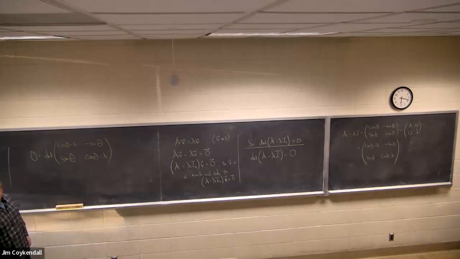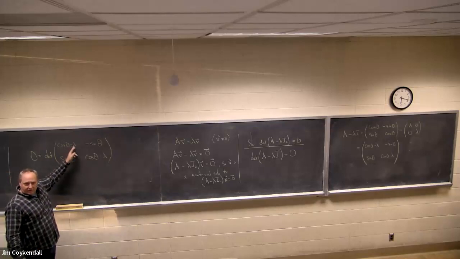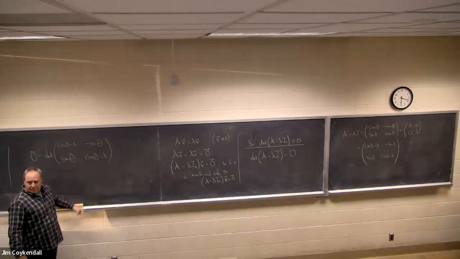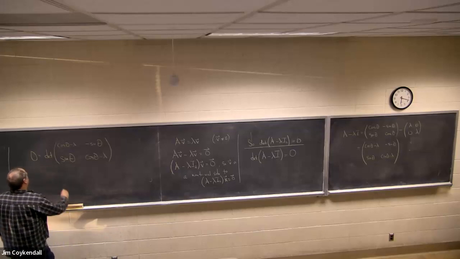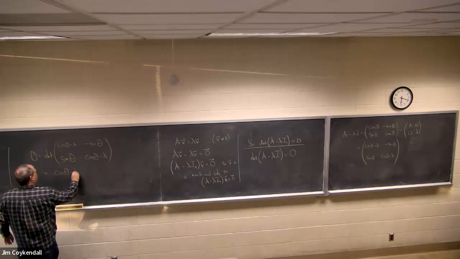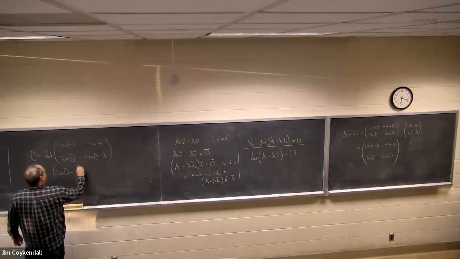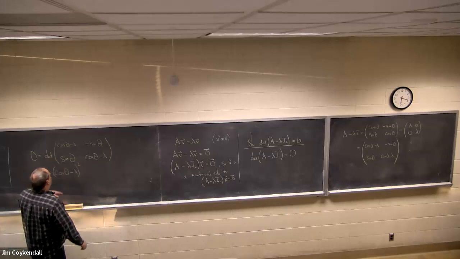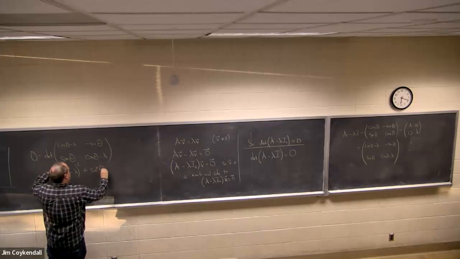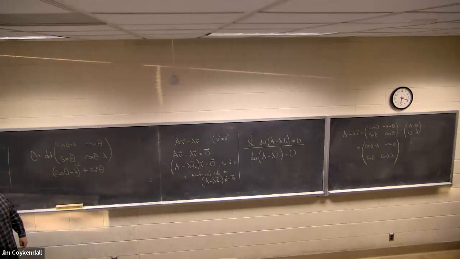Let's take the determinant of this. It's part of these two minus part of these two. See what happens. This is cosine theta minus lambda squared, plus sine squared theta, right?